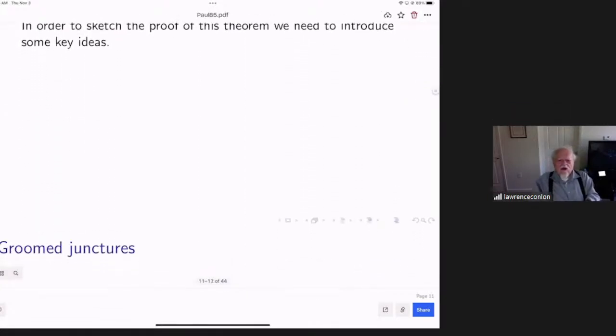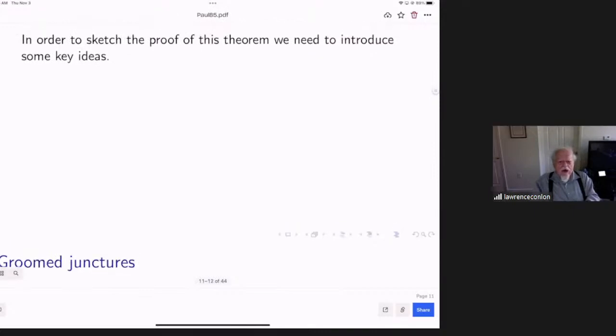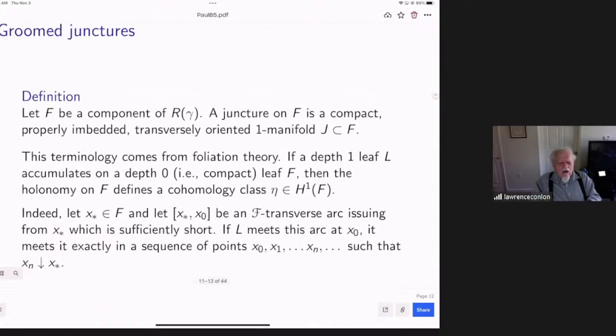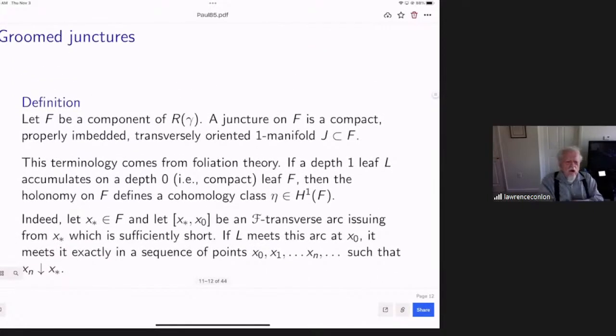Now, in order to sketch the proof of this theorem, we need to introduce some key ideas. Now, Rachel used the term groomed. I'm going to go through it again from a slightly different point of view. I want to talk about groomed junctures.